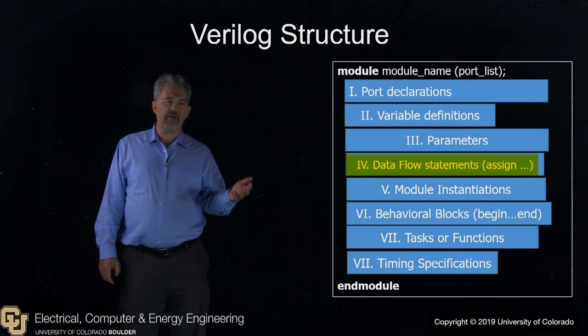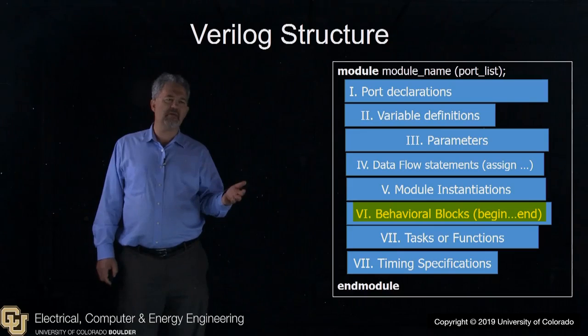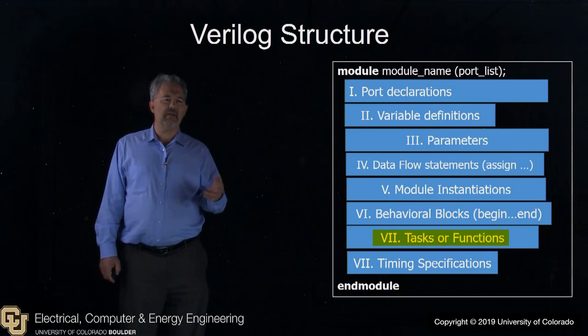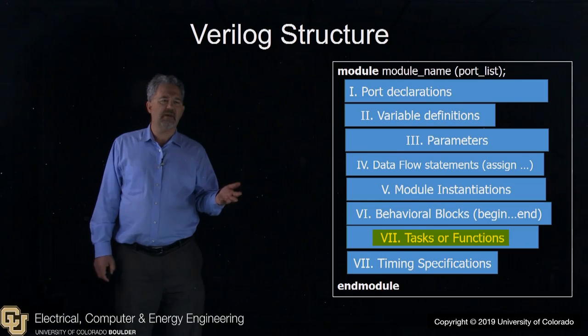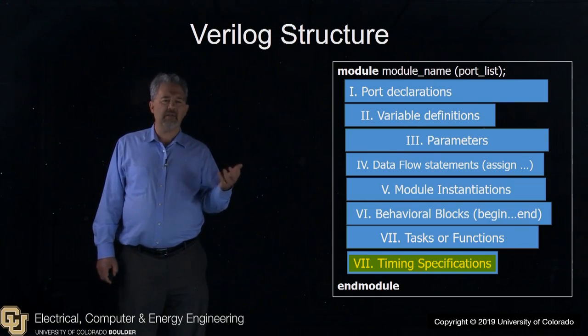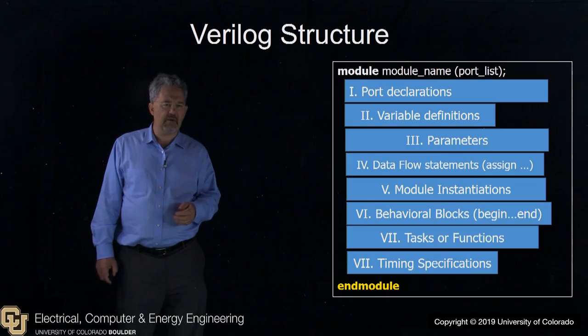Then data flow statements, which include assignments and other similar kind of statements. Then module instantiations, then behavioral blocks like an always block. Then tasks or functions, which are kind of like subroutines that are not often used for synthesis, but may be included here. And then timing specifications possibly, and then finally the endmodule keyword.